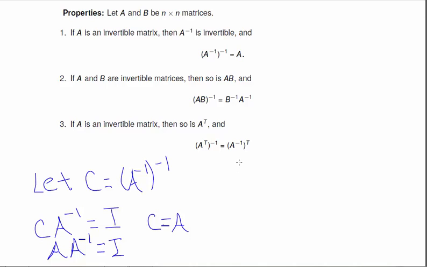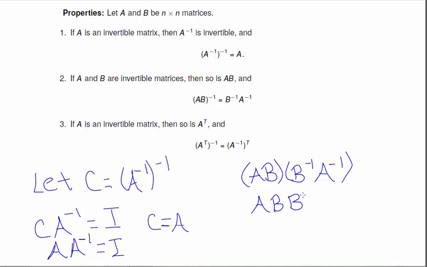The second one: if A and B are invertible, so is the product AB, and AB inverse is equal to B inverse A inverse. In this case, I want to show that this is the inverse, so I'm just going to take AB and multiply it by what I'm claiming to be the inverse, and see what happens. Parentheses really don't matter here.